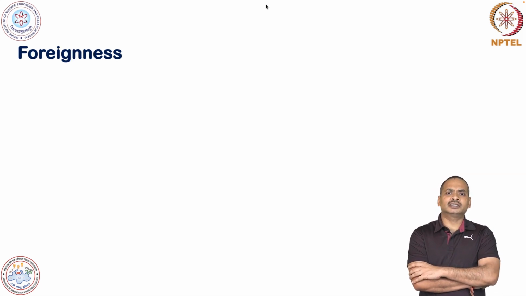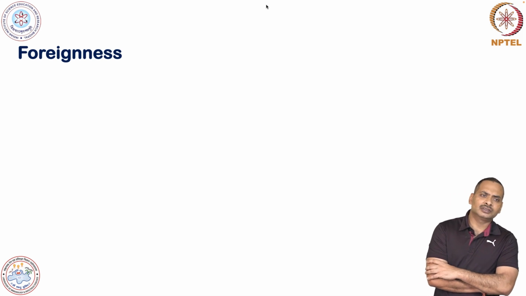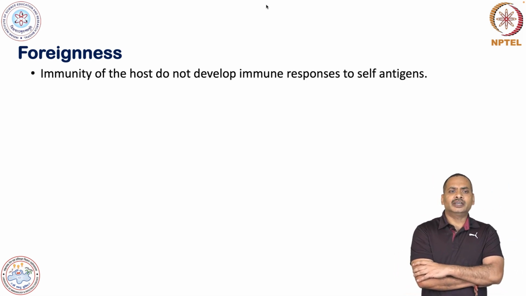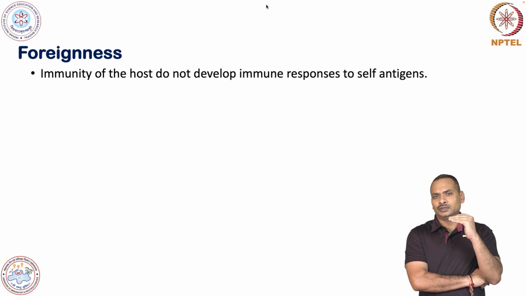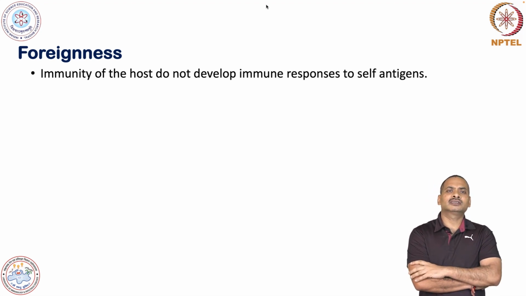So, let us discuss foreignness. What is foreignness? If you have an antigen from the same host, for example from any animal, you can use mice or rabbit for this simple work, and you isolate some protein, for example albumin, and then inject the same protein into the same host, that will not be at all immunogenic.